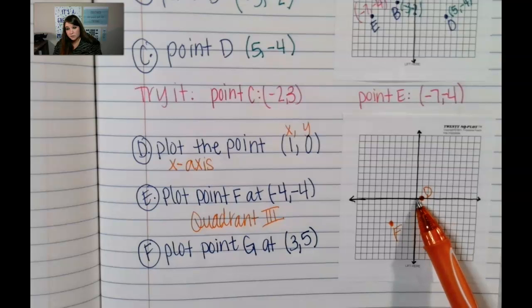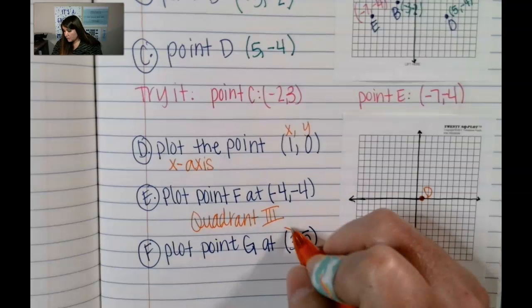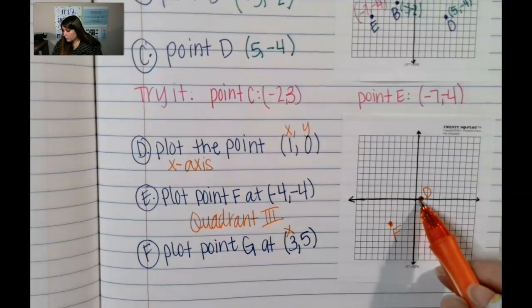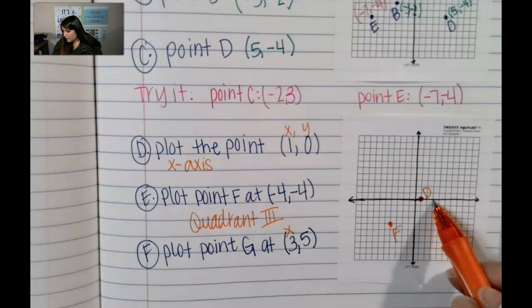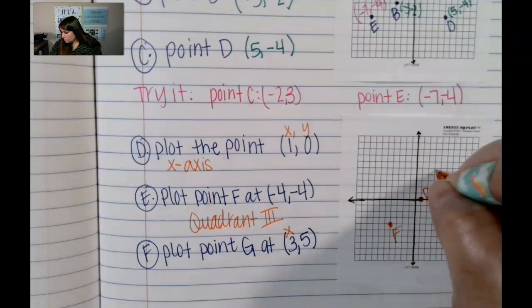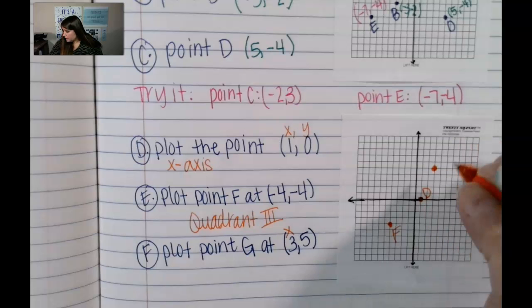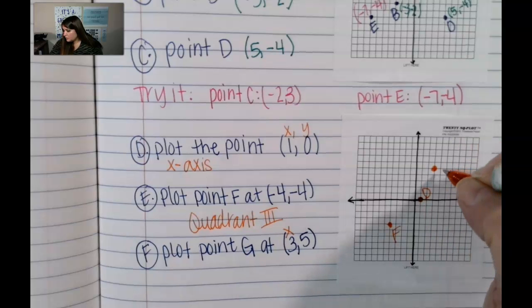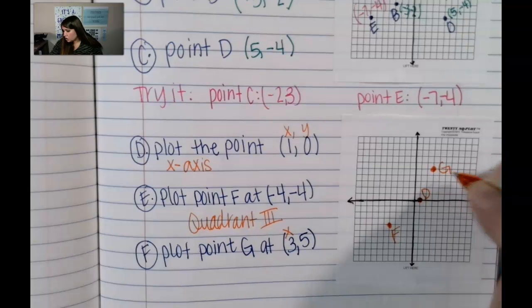This one tells us it's a positive, so the x is positive, so we're going to go over 3, 1, 2, 3, and then we're going to go up because that one's positive 5 places. 1, 2, 3, 4, 5, just putting one little dot there, and that one was called point G.